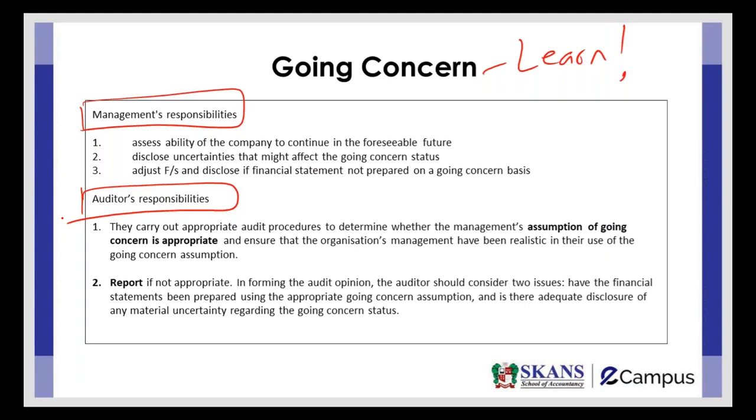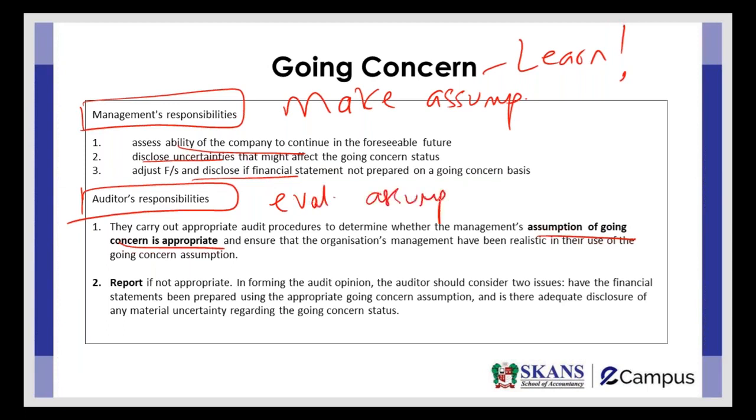Please remember, it is the management who has to decide whether the company is going concern or not. They have to disclose uncertainty or make disclosures. So it's them who have to assess going concern. As an auditor, I will just evaluate whether their assumption is right or not. So they make the assumption of going concern, and we evaluate the assumption of going concern.